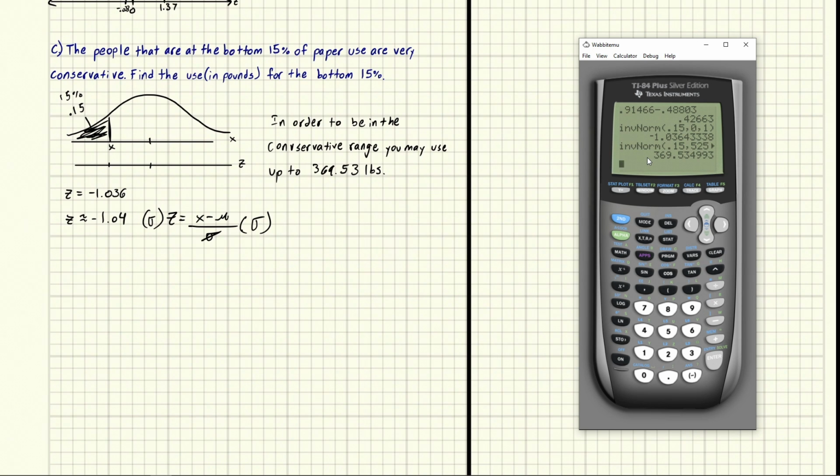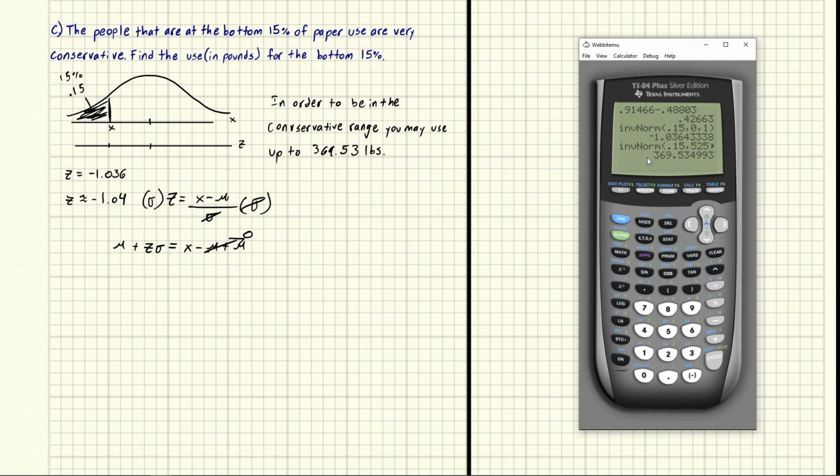And this will cancel the sigmas out on one side. So now we have z times sigma is equal to x minus mu. And then if we add the mean to both sides, these cancel out and go to 0. These ones went to 1. That's why they disappeared. And we get mean plus z times sigma is equal to x.